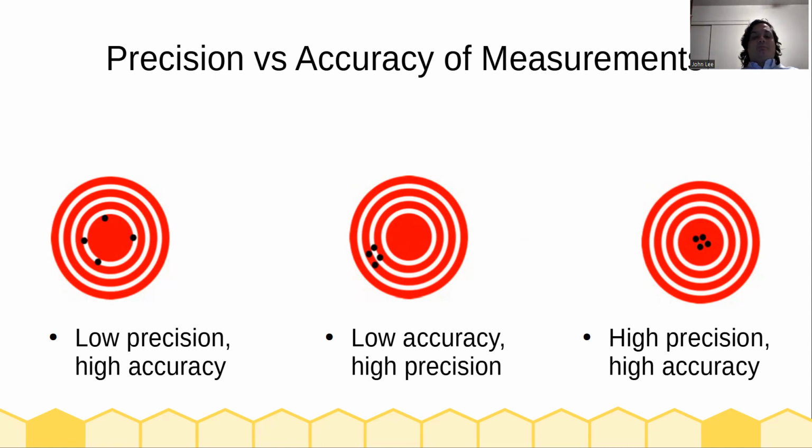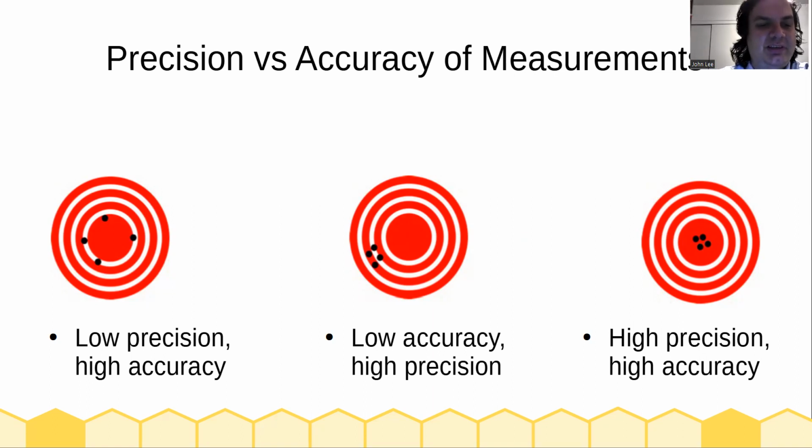So what you're aiming for is high precision and high accuracy, where precision means that all of your data points are close together, and accuracy means that all of your data points are centered around the main thing that you're looking for, the correct answer.